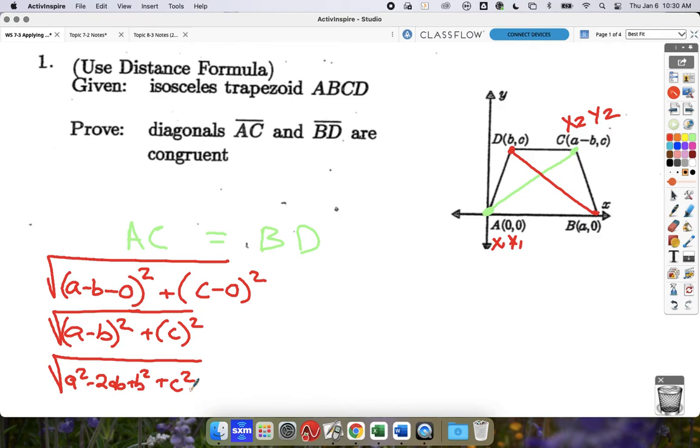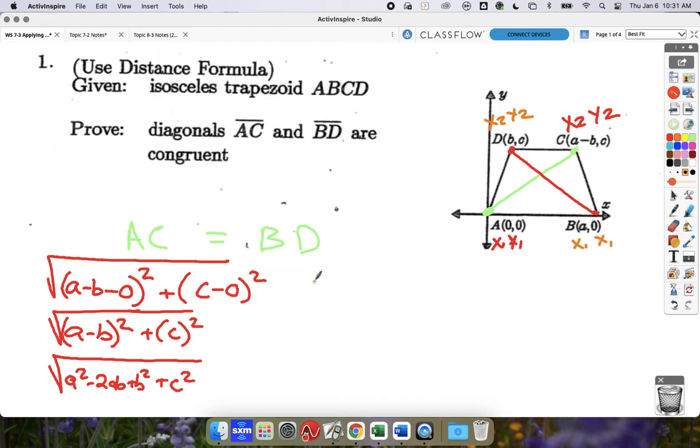Okay? We're going to do the same thing for BD, the red line. I'm going to make this one my x2 and y2, this one my x1 and y1.